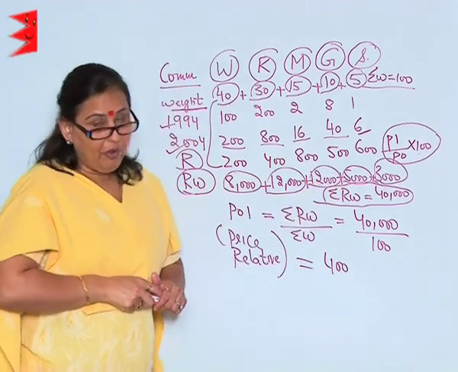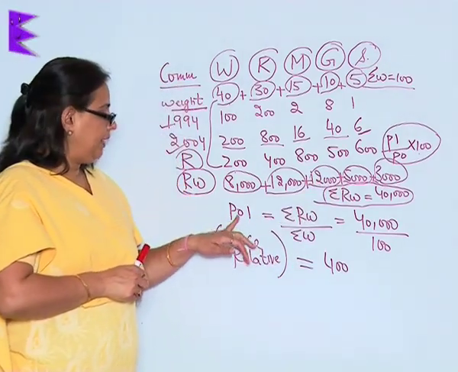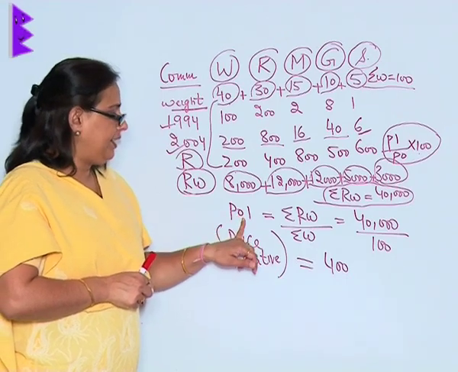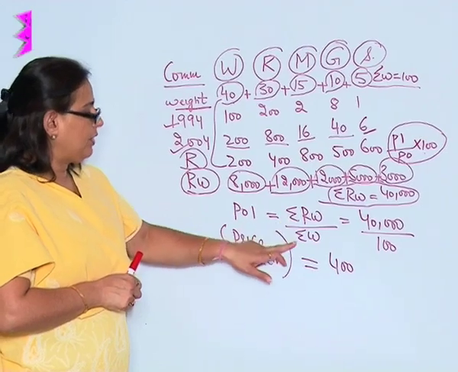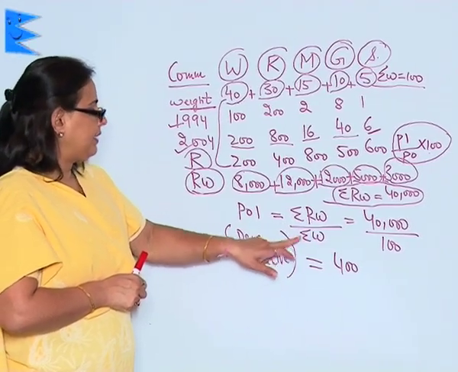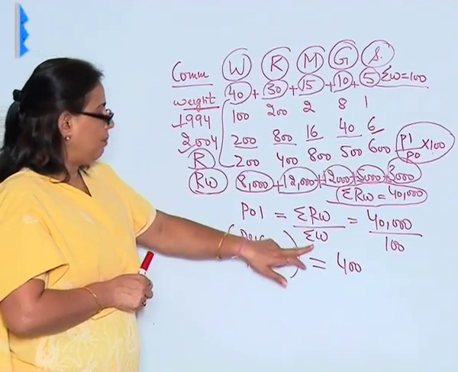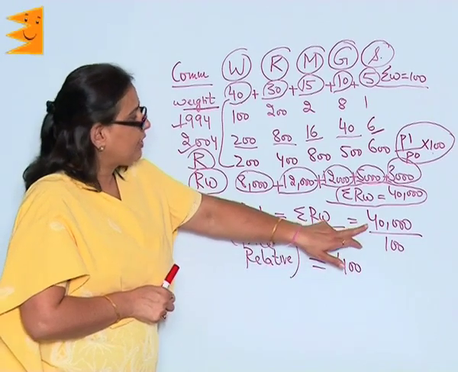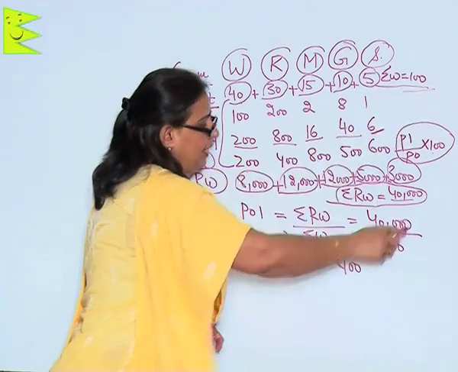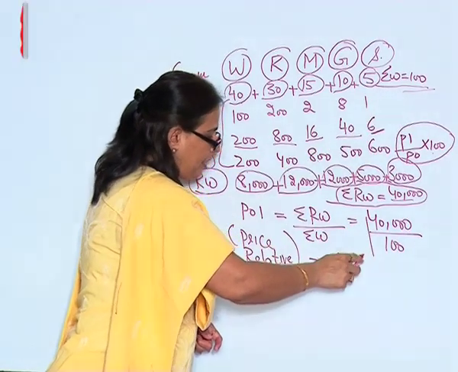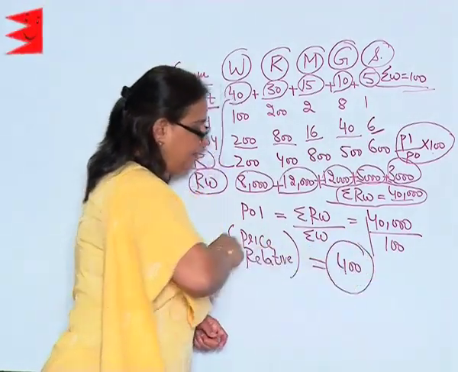So the formula which has to be used is the price index is equal to sigma RW upon sigma W, that is the price relative weightage upon the weight, which is 40,000 upon 100, which is 400.